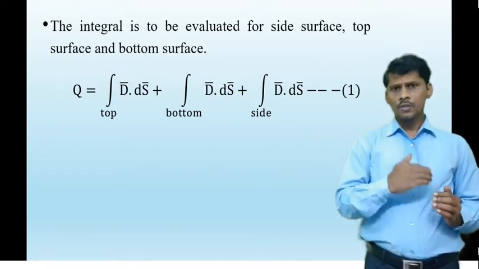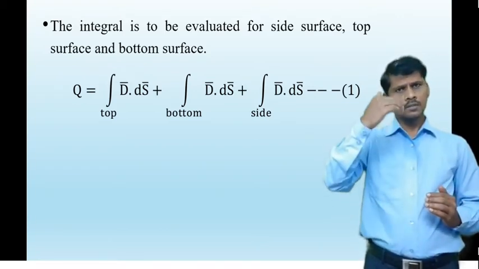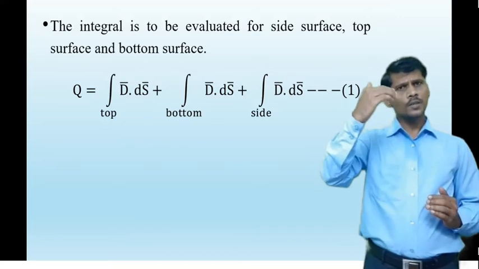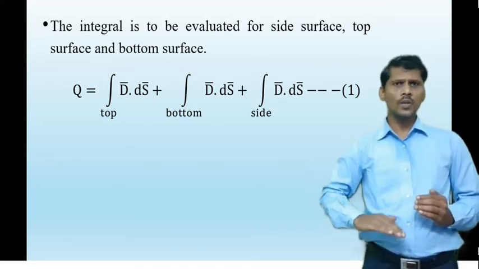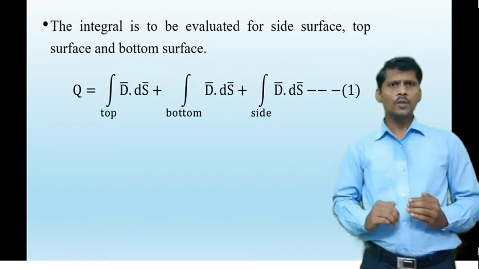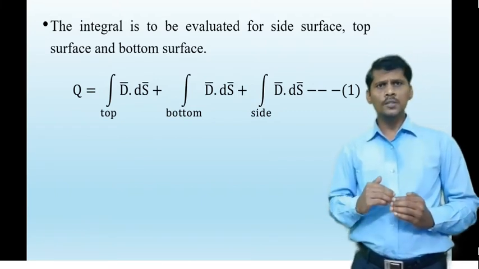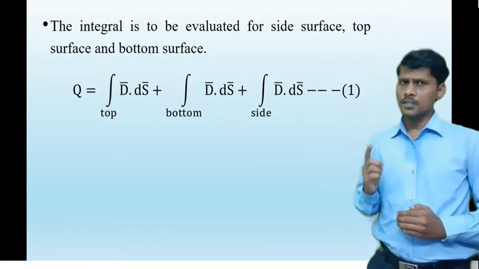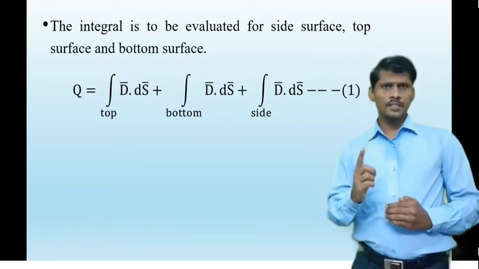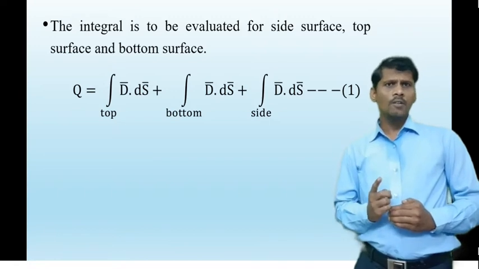At the top of the surface and the bottom of the surface, there is no electric flux density. Why? The infinite line charge lies along the z-axis.